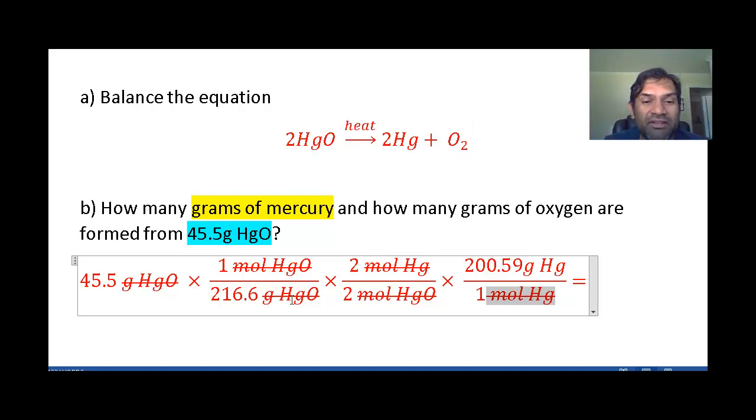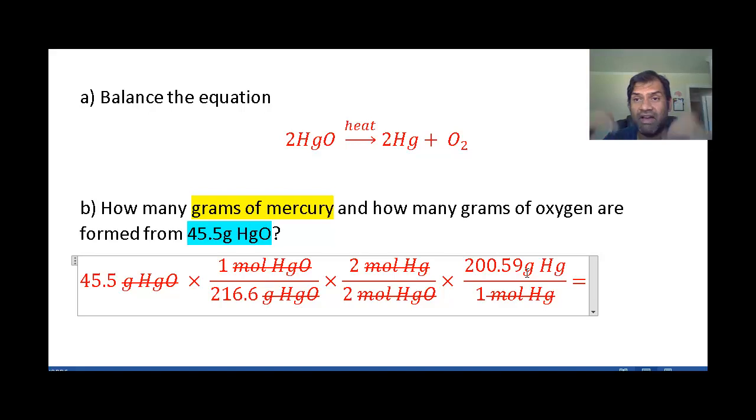See here the grams of HgO cancel. The moles of HgO cancel with the moles of HgO. The moles of Hg cancel out with the moles of Hg. We are left with grams of mercury, and that is what the problem is asking us to find. So let's do this in our calculator. 45.5 times 2 times 200.59.